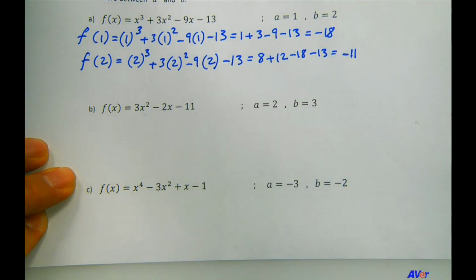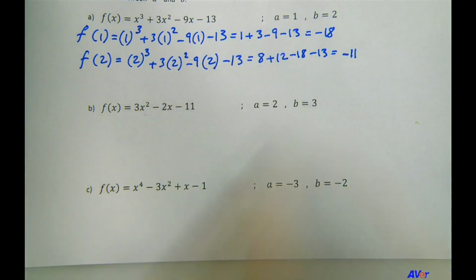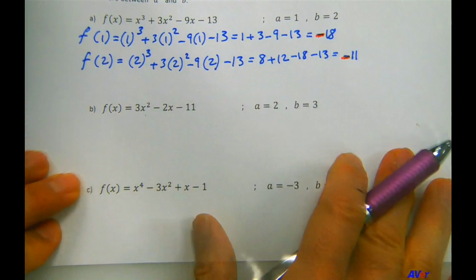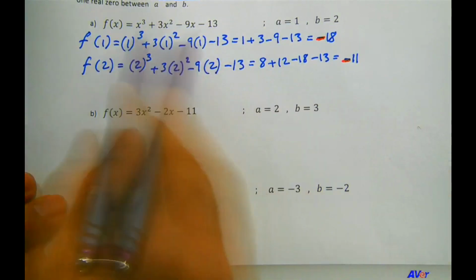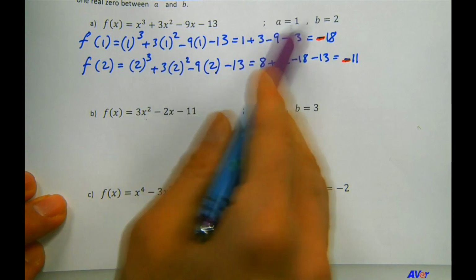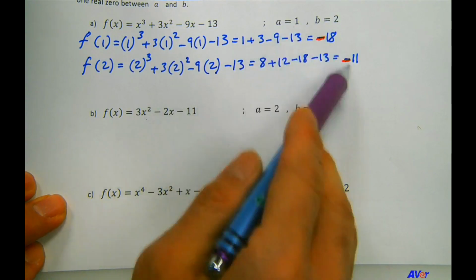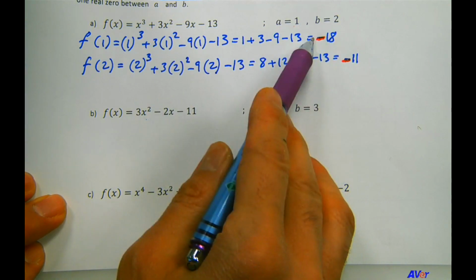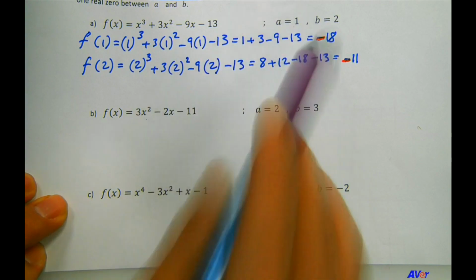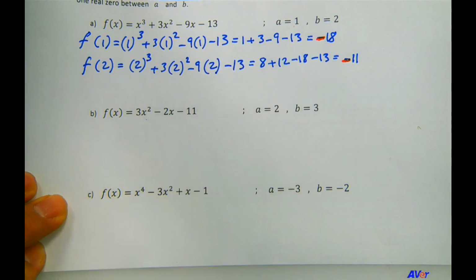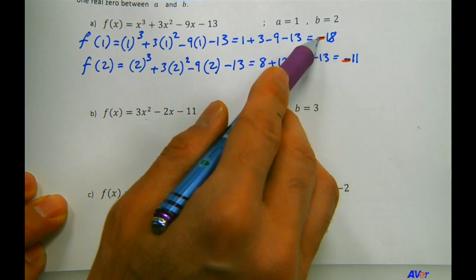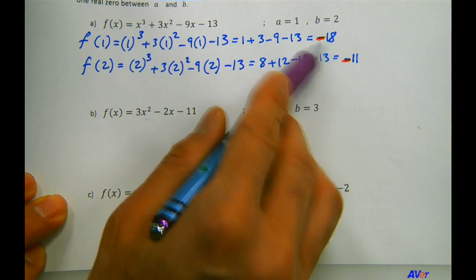Right? So it was minus, note the algebraic sign, it was minus at A, and the function value is minus at B. So there is no zero in between these two, A and B, because the function stayed on the same side of the y-axis, on the negative side.